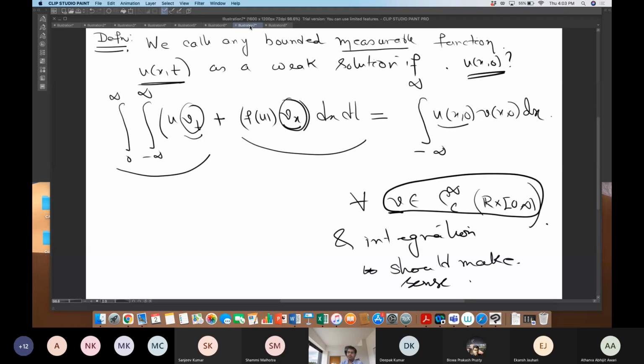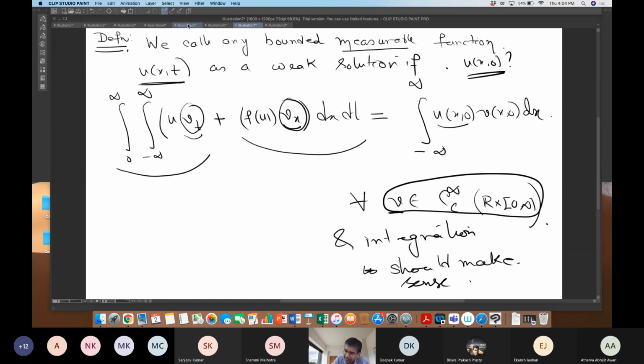Tell me. If u is a smooth function in x and t variable and f is also smooth, then you tell me whether the weak solution coincides with the classical solution? Yes or no?